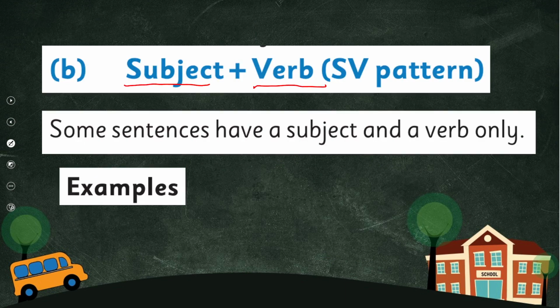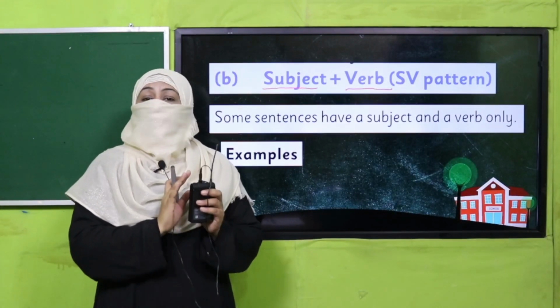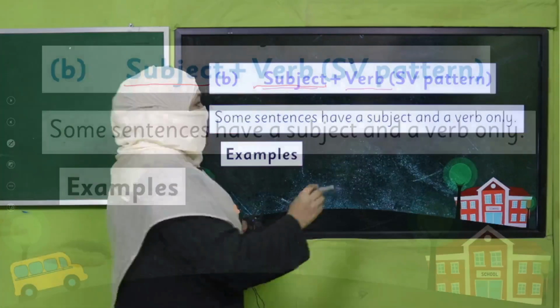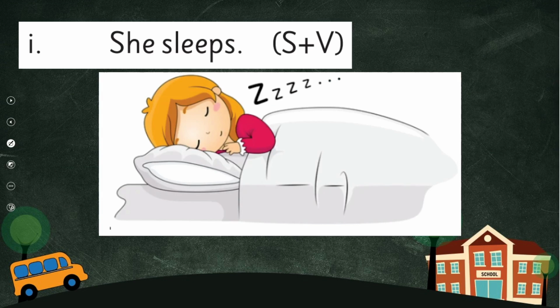Next, subject plus verb. So beta, one thing I want you to think about, there is no sentence without a verb. We are finding it in every sentence, there is a verb. So sometimes subject and verb together make a sentence. For example, she sleeps. Now she is the subject and sleeps is the verb, and it is giving a complete sense.